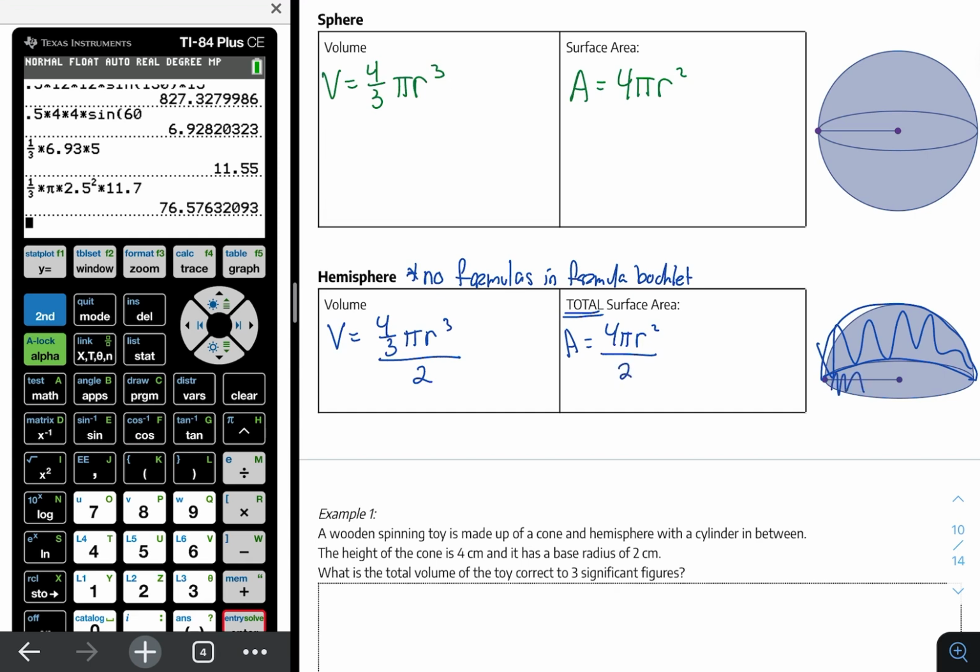But we also have this circle that was created by cutting the sphere in half. So we also need to add the area of a circle. And when you simplify this, then we get 2 pi r squared plus pi r squared. So therefore this simplifies to 3 pi r squared.